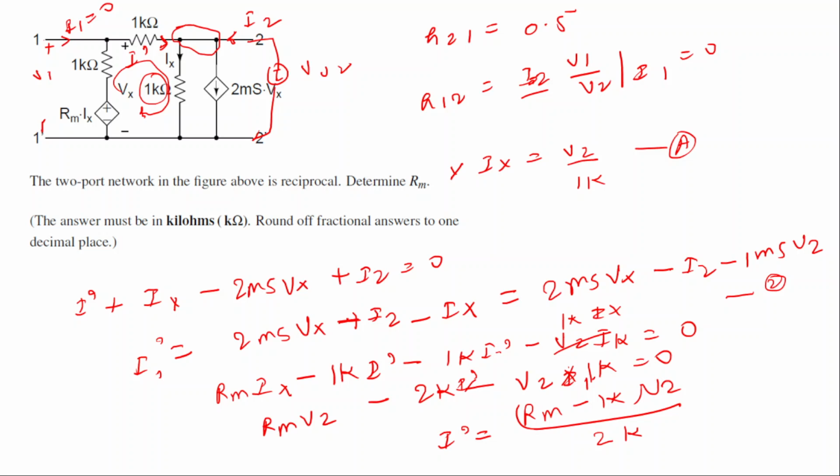Okay, this is our I dash. So now we need to find the ratio of V1 by V2 to calculate the H12. So H12 will be equal to, so let me write in a different pen.